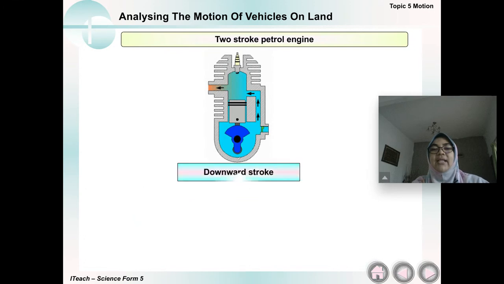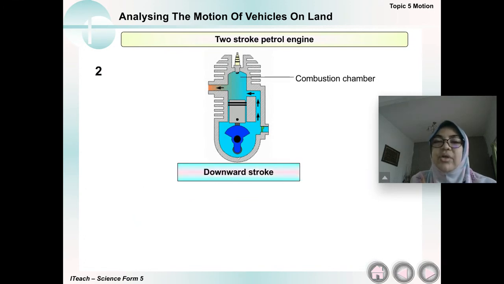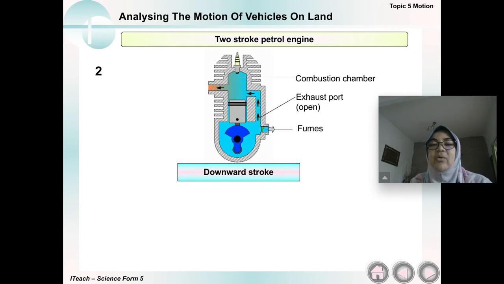Okay, and then untuk two stroke, dia ada dua je, upward stroke and downward stroke. So untuk downward stroke, piston yang akan turun. Okay, exhaust port open. Okay, fumes akan keluar. And then sleeve intake port, okay, intake port yang akan tutup.